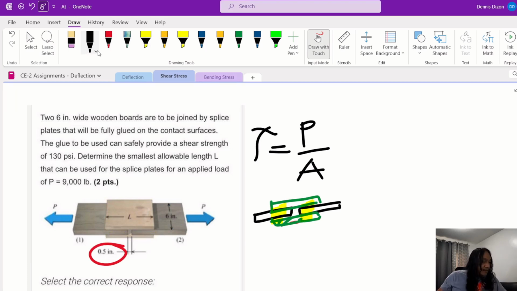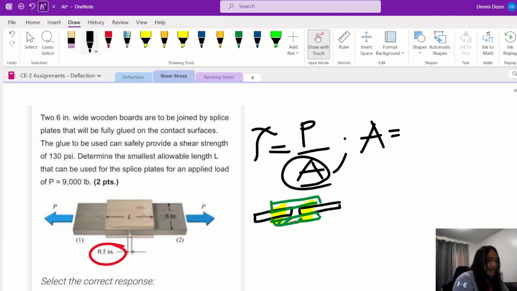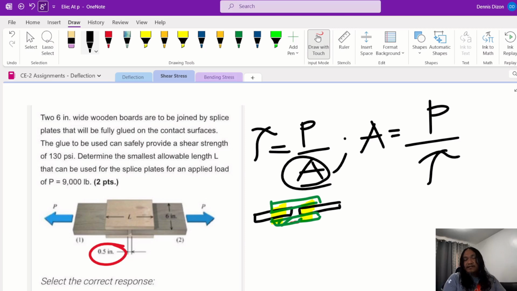Now our unknown is the area, because the area is 6 times whatever is the length, right? So right now our unknown is area, therefore A is equal to P over shear stress.